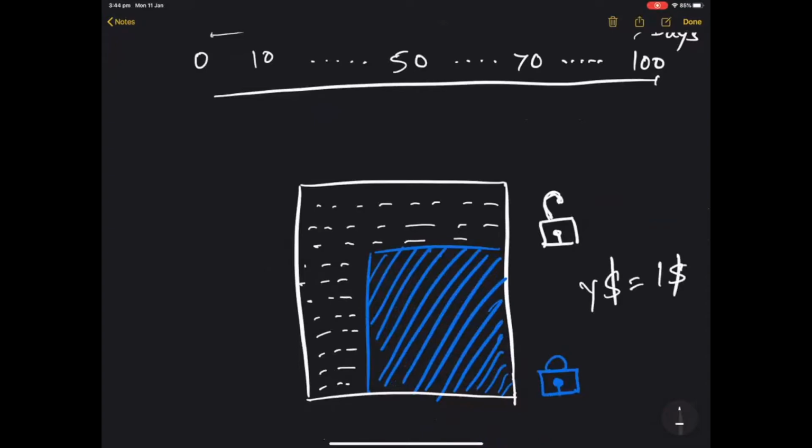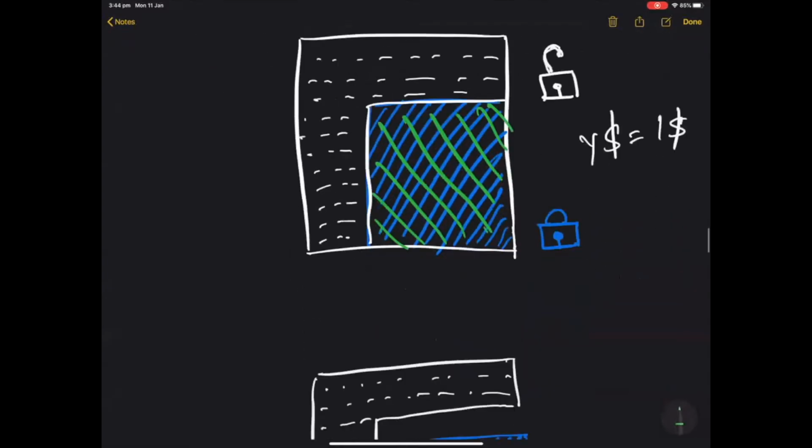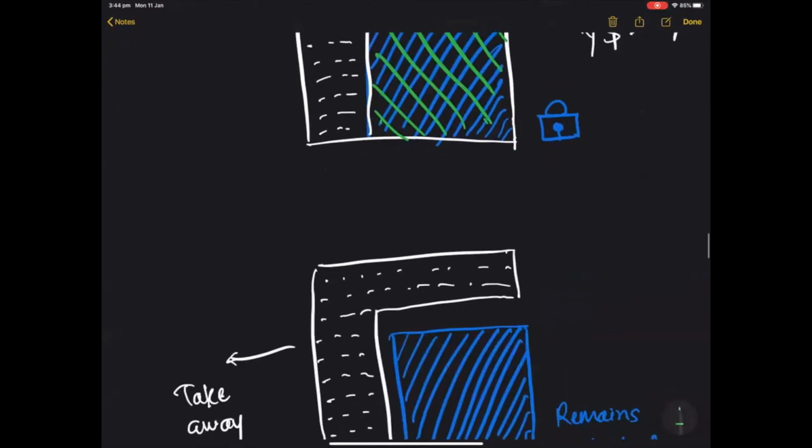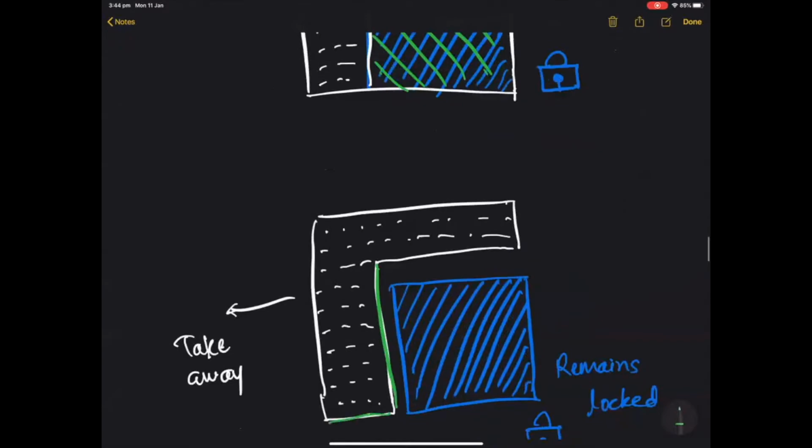They just say, okay, the yDollar is now worth $1, and the amount of ETH or BTC which you had as collateral, corresponding to the amount of yDollars in circulation, gets locked. So if you had this many yDollars, then that much ETH gets locked. And the excess collateral which you had is now completely unlocked.